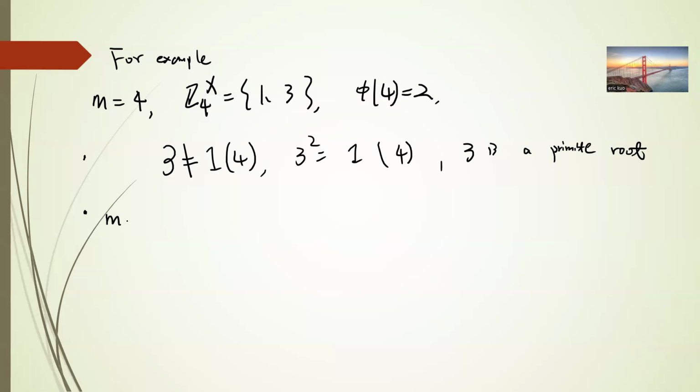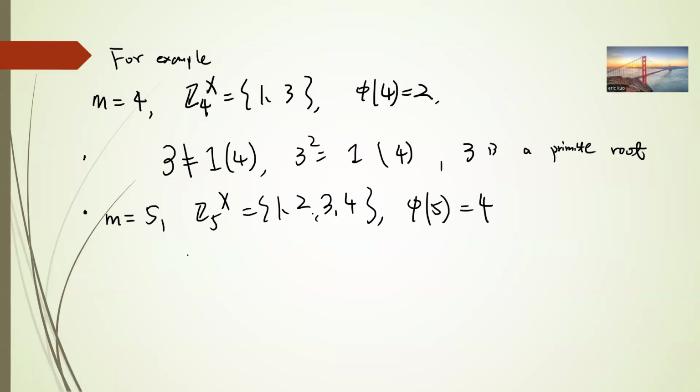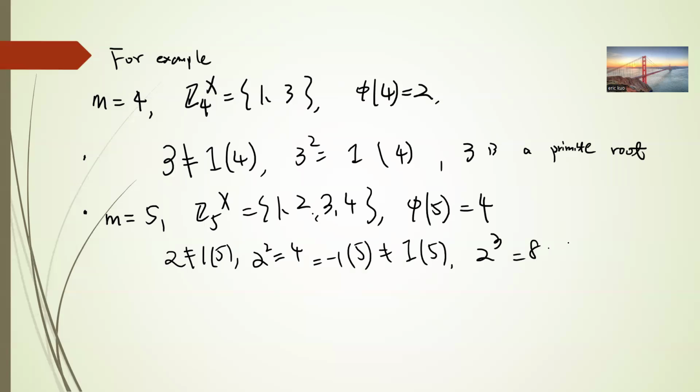Let's say m equals 5. The group is 1, 2, 3, 4, and phi of 5 is 4. Let's take 2. 2 is not 1 mod 5. 2 squared is 4, which is minus 1 mod 5, still not 1. 2 cubed is 8, which is 3 mod 5.